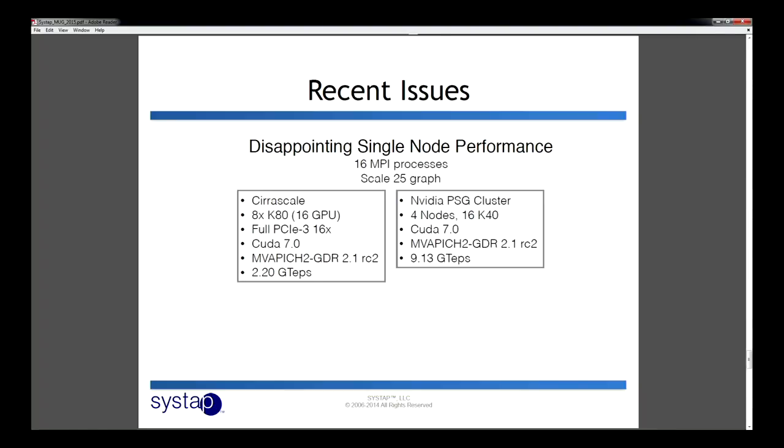It all goes through one switch and doesn't hit the CPU at all, so it's supposed to run very nicely. We had a single machine with 8 K80s for 16 GPUs, and we wanted to test using 16 MPI processes on a single node to see if it was faster, and it ended up being much slower.